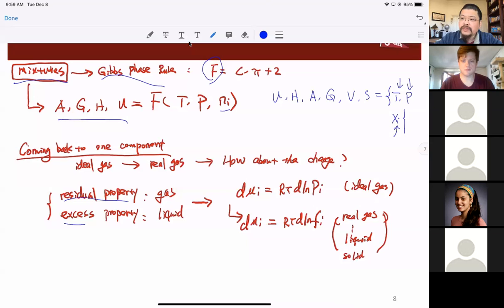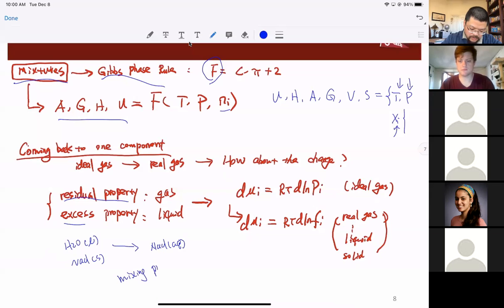Number 2, how do we separate the mixture into their pure components, right? If I have water as a liquid, sodium chloride as a solid, and I'm going to make a solution, then of course I'm physically having the mixing process. So there we are having the mixing process, or mixing property.